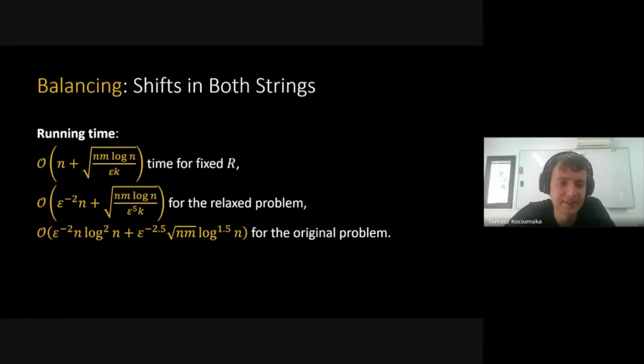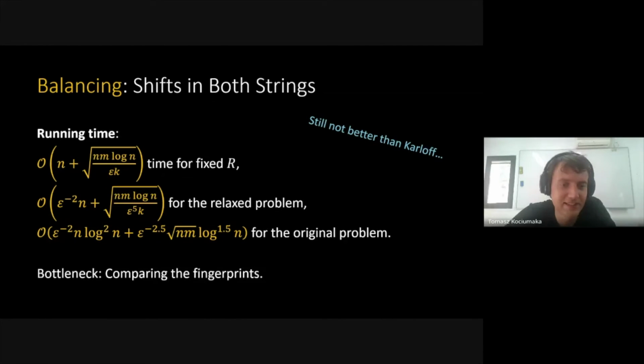So the running time, as far as the second term is concerned, is epsilon to the -2.5 square root of nm log to 1.5 n. So this is even slightly better than I promised because we have m instead of n. But the first term is still like in Karloff's algorithm. And even after all this hard work, we are not better than Karloff, which is quite disappointing.